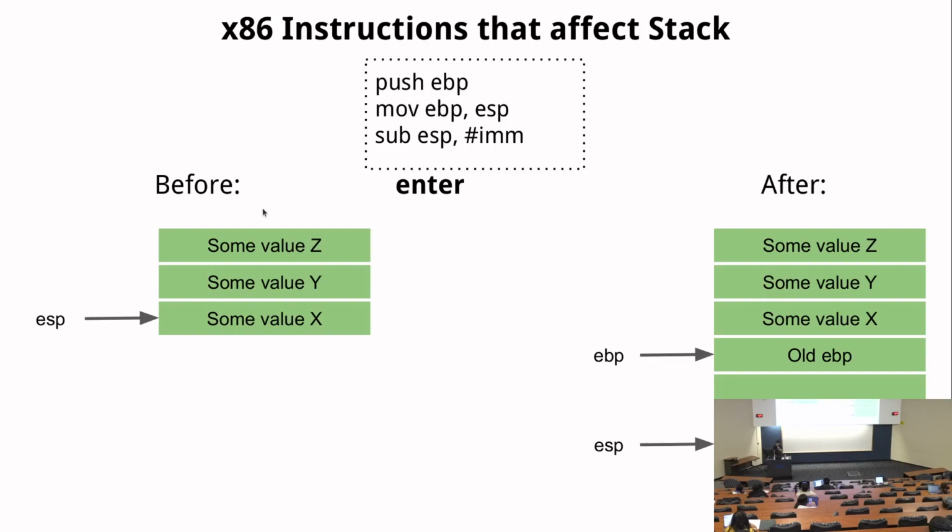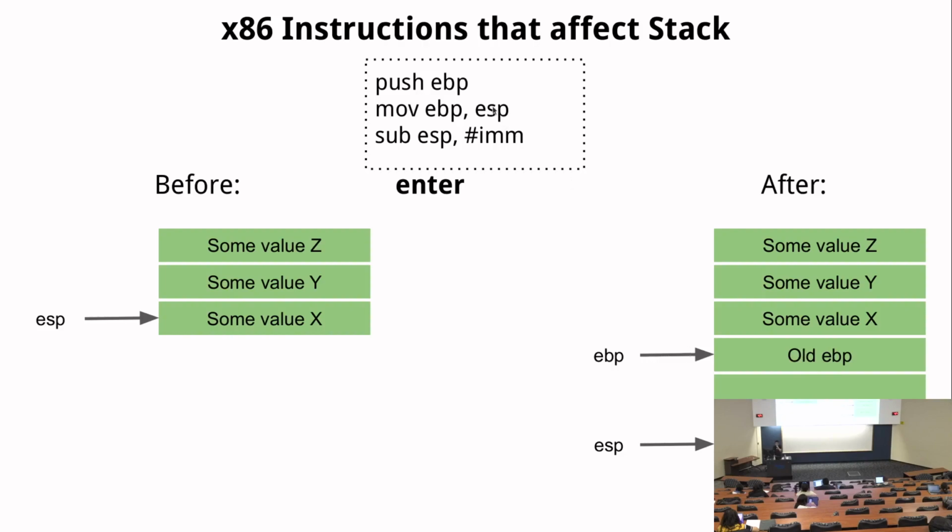So those 3 instructions, let's take a look. What do they do? Before we execute those 3 instructions, the stack looks like this: ZYX, and ESP points to X. Now we push EBP, which means the value of EBP will be stored on the stack. That's why we have an EBP value on the stack, and at this point ESP also points here.